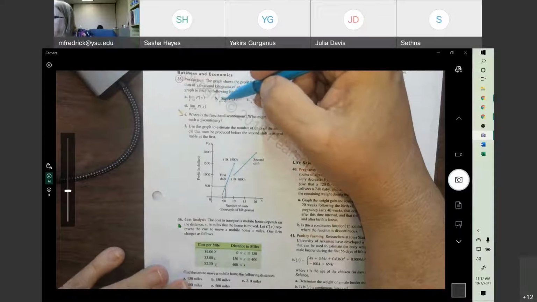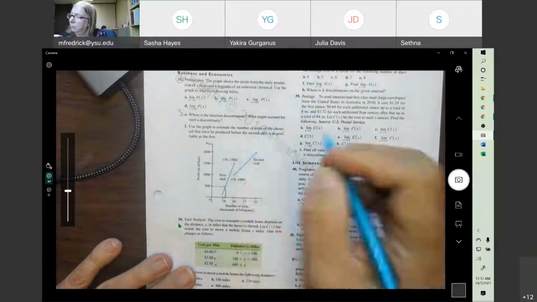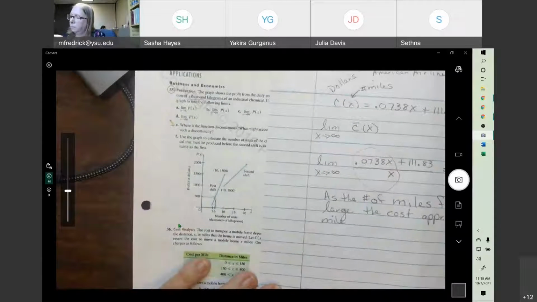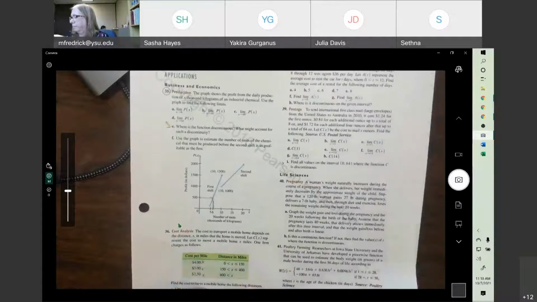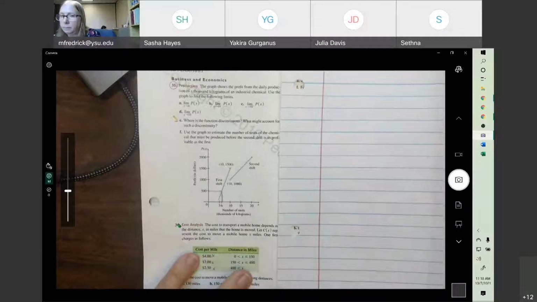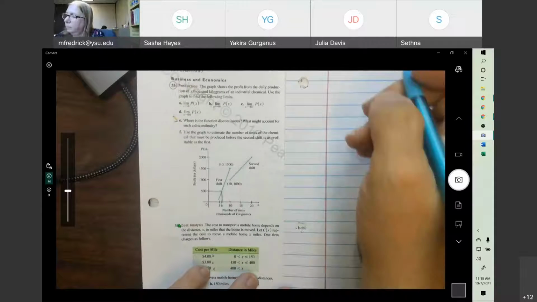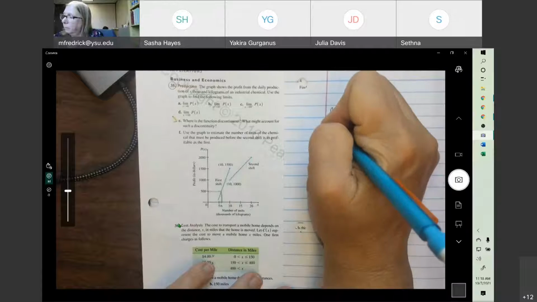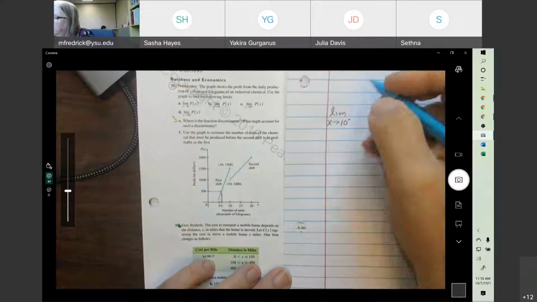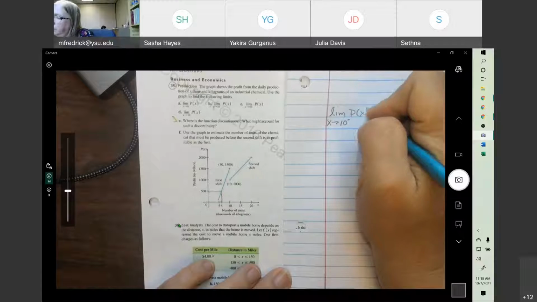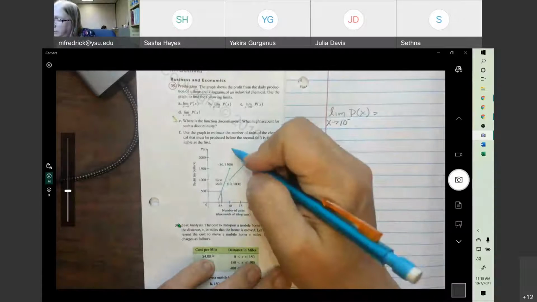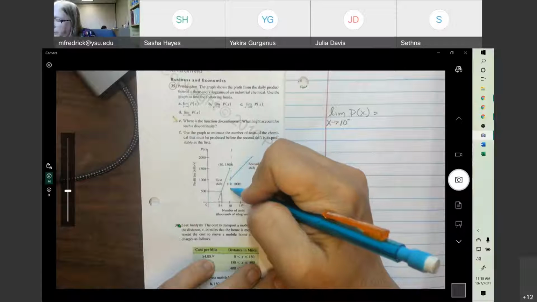The limit as X approaches 10. When we're looking at it from the left, you can think of a dotted line coming through here.